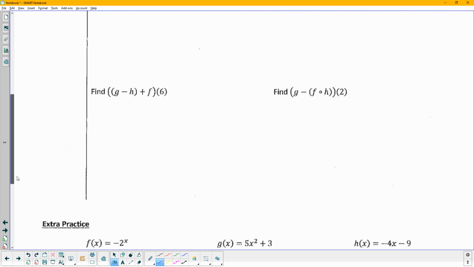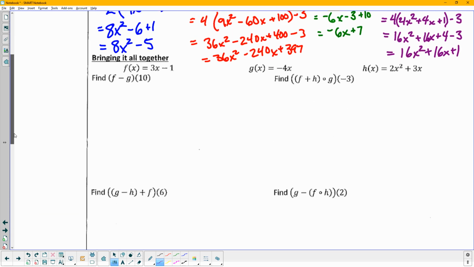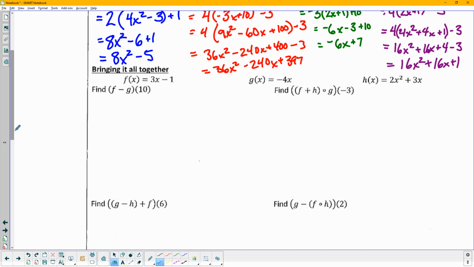All right, we've got a couple problems bringing it all together. In class, I'm sure we probably won't go over all these, but I do like to go over all of them when I'm doing the video, just because I feel like sometimes students will go back and check their work on some answers. So f minus g of 10.